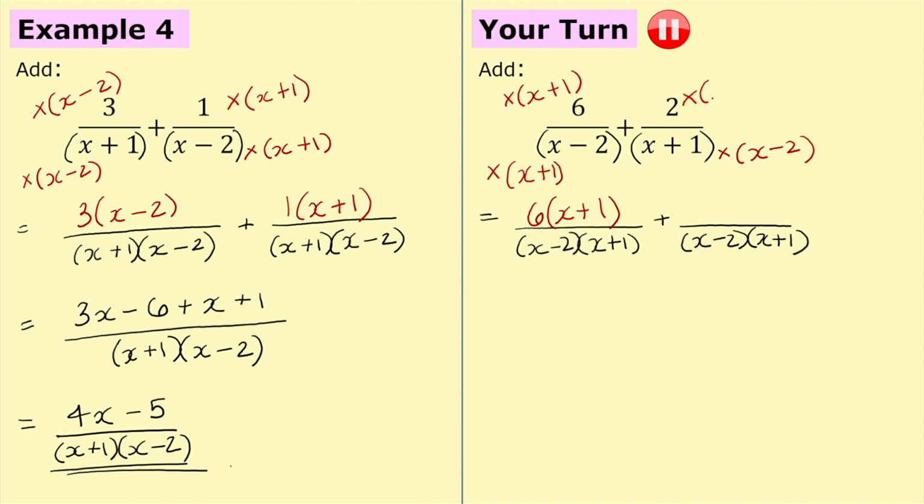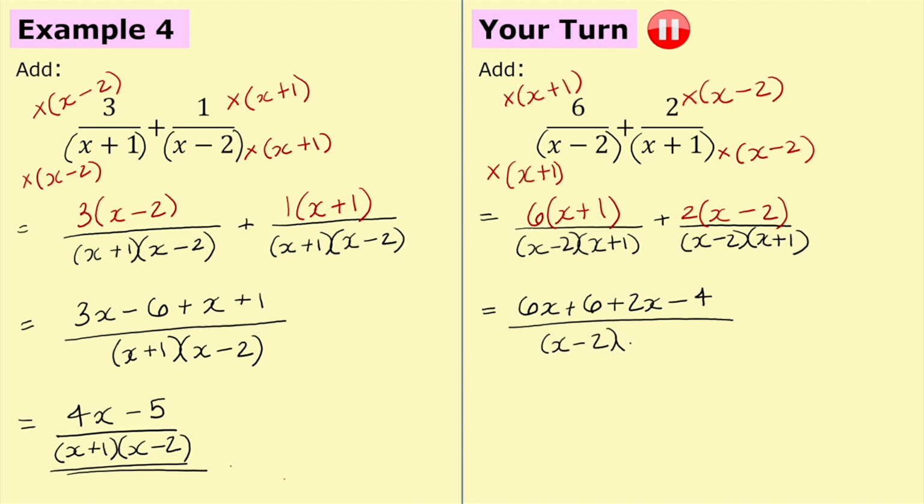So I need to times the top by x subtract 2 to get 2 x subtract 2. Now we can go ahead and add these together and expand the brackets. So our numerator is going to be 6x plus 6 plus 2x subtract 4 all over, and then our two brackets.